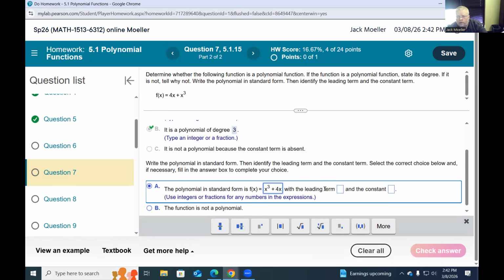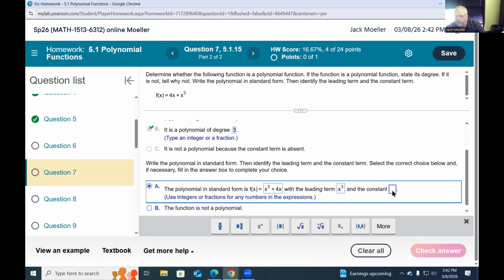With a leading term, and so the leading term is the x cubed. So the difference between the leading coefficient and the leading term: if it said leading coefficient, it would just be 1. Okay, because that's the coefficient on x cubed. Since it's a leading term, it's the whole thing. So it's 1x cubed.